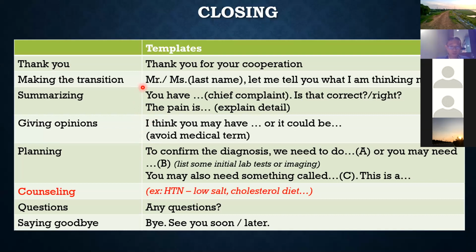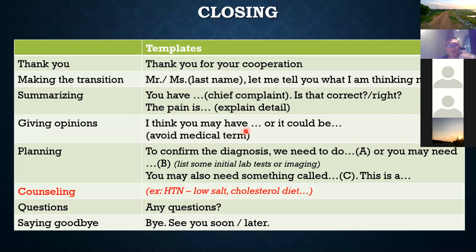We still have the imaging to confirm the diagnosis later on. But the patient needs to know what is going on, at least the big picture of their condition, and remember the last rule: avoid medical terminology. If you have to use it, give them a brief explanation.